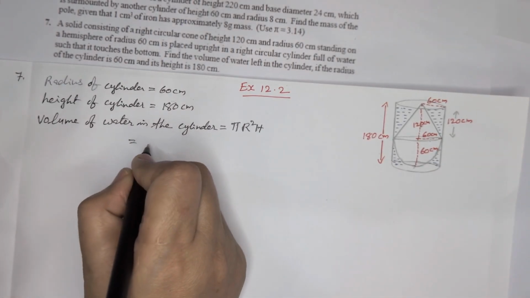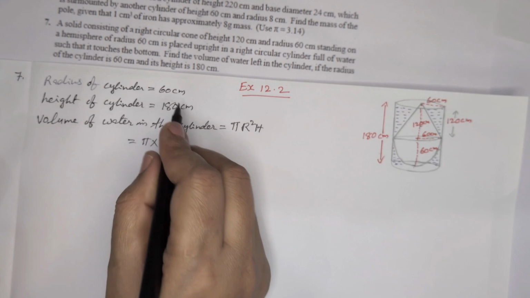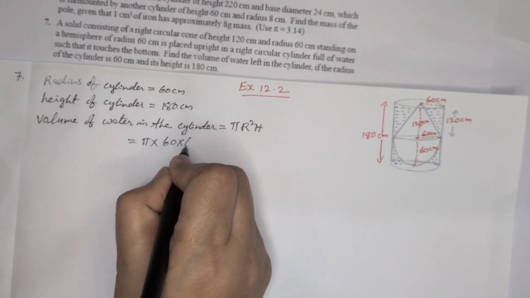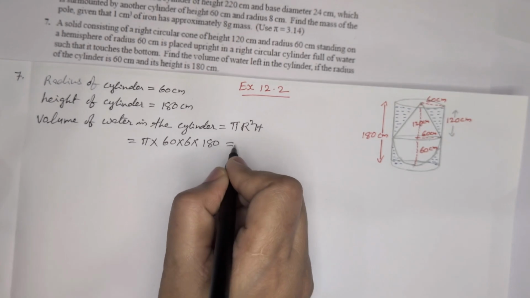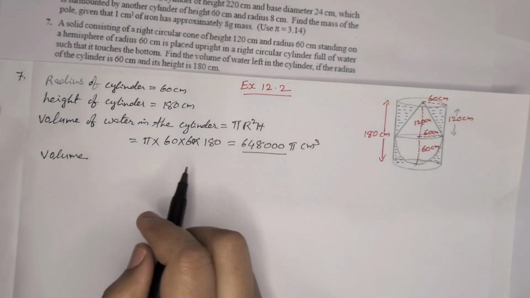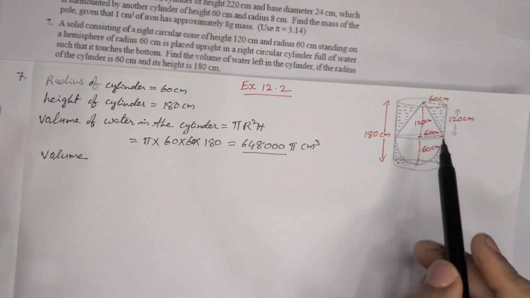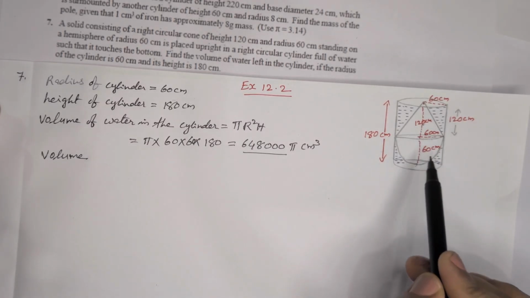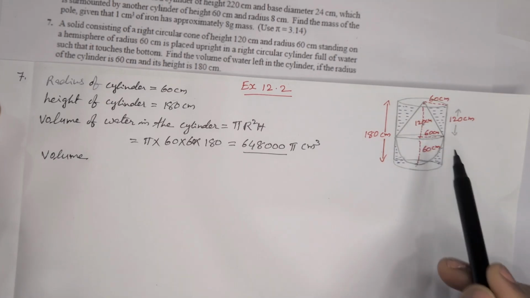It is equal to pi into radius 60 square and height 180. Here we got the volume of the cylinder. Now we have to calculate the volume of the cone and the volume of the hemisphere. After that we have to add these two.